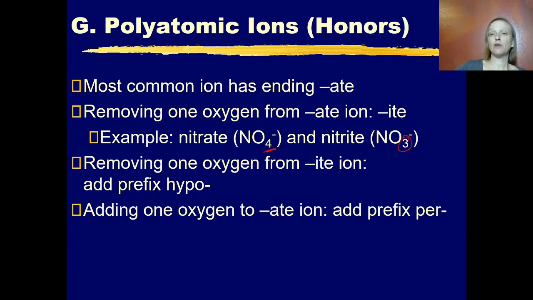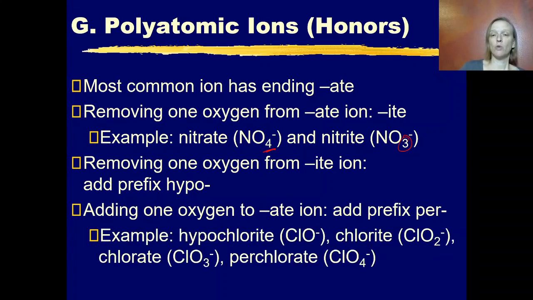An example for the full series: the most common version is chlorate with 3 oxygens, but we start off with hypochlorite, which has the fewest number of oxygens, then chlorite with the next fewest oxygens, then chlorate, and then perchlorate with 4 oxygens. So this is kind of a naming trick to help you remember more of these polyatomic ion names.